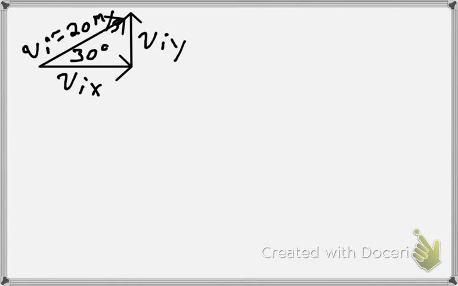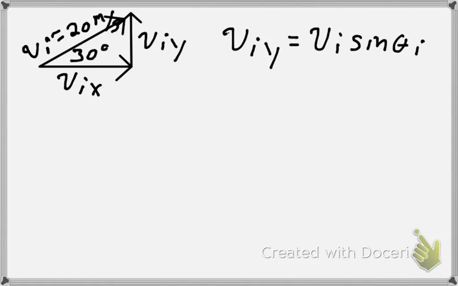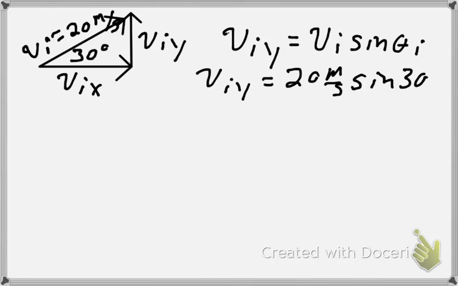Alright, let's find the component parts of this initial velocity. The velocity initial in the y is velocity initial times sine theta initial. So velocity initial in the y will be 20 meters per second times the sine of 30 degrees. Sine of 30 degrees is 1/2, so my initial velocity in the y direction is 10 meters per second.